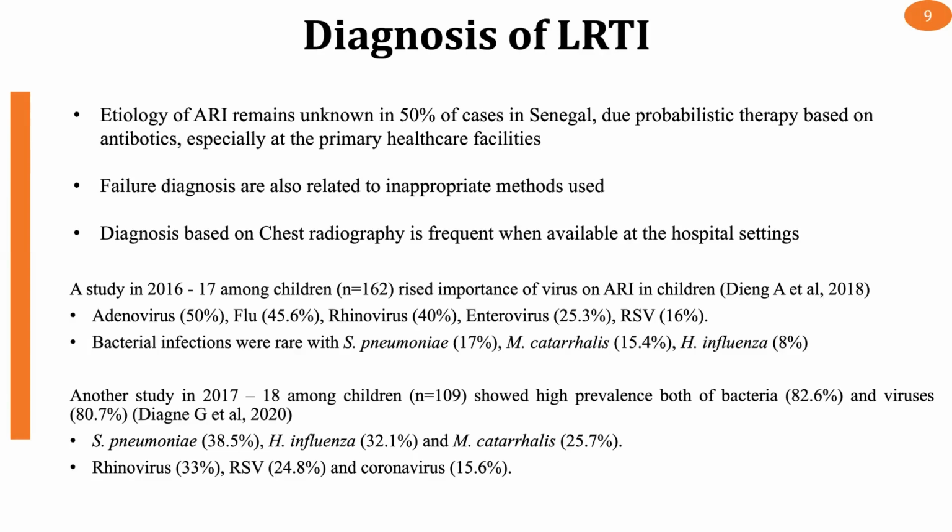Most of the viruses identified are adenoviruses, influenza, rhinoviruses, enteroviruses, but also RSV. Bacterial infection from this study highlights the importance of Streptococcus pneumoniae, Moraxella catarrhalis, but also Haemophilus influenzae. These were the most frequent pathogens retrieved from this study.